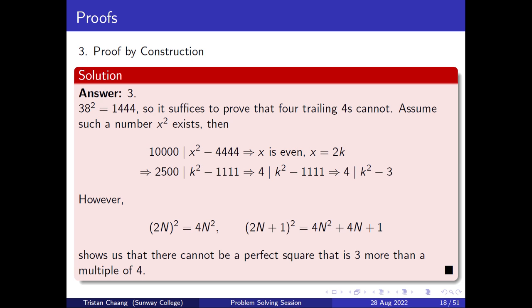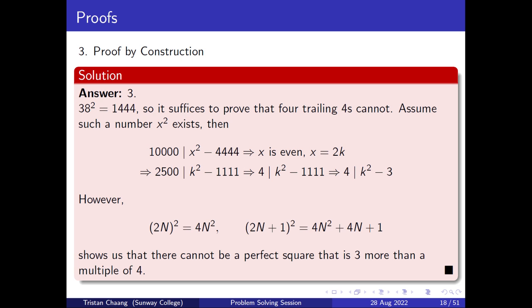You can prove it by saying, an even number squared must be 4N squared. That's a multiple of 4. An odd number squared must be 4N squared plus 4N plus 1. So it's a multiple of 4 plus 1. There is no situation where a perfect square is 3 more than a multiple of 4. So that's how you can prove this question.